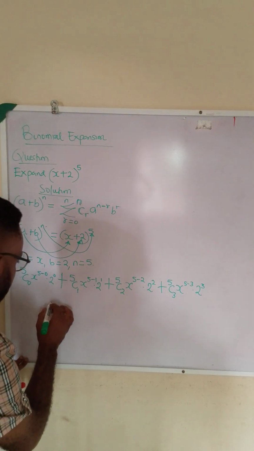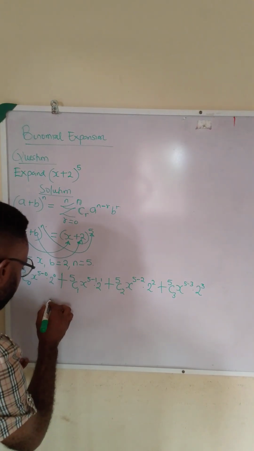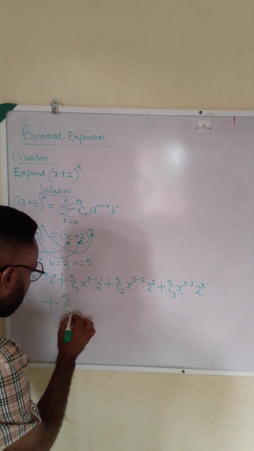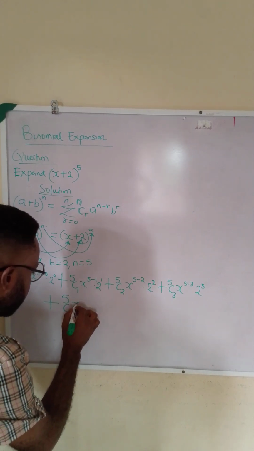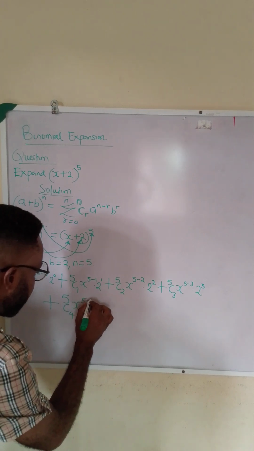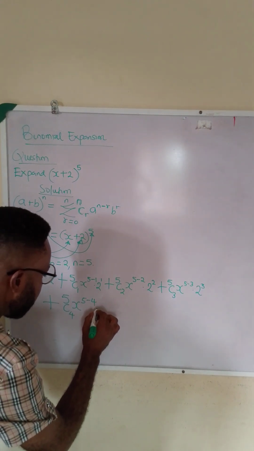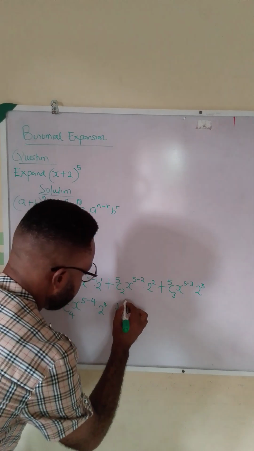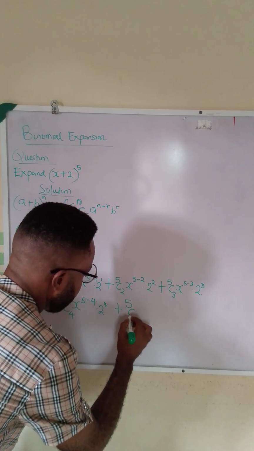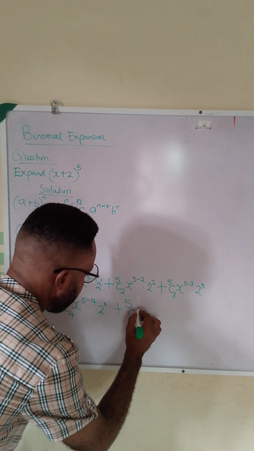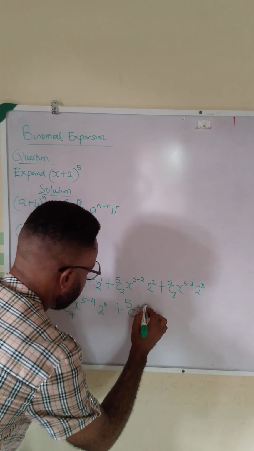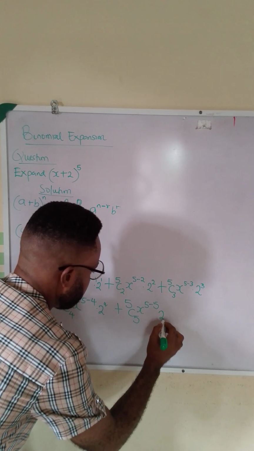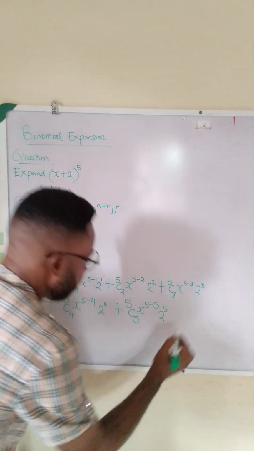So the next one will be plus 5 combination 4, x raised to 5 minus 4, our b is 2 raised to 4, plus the last one, 5 combination 5, x raised to power 5 minus 5, dot 2 raised to power 5.